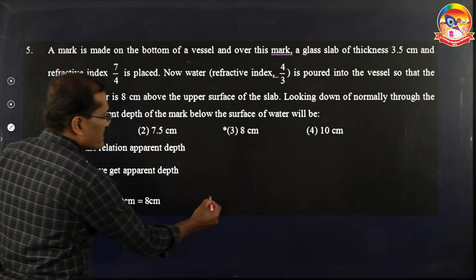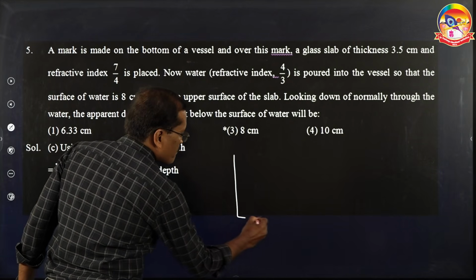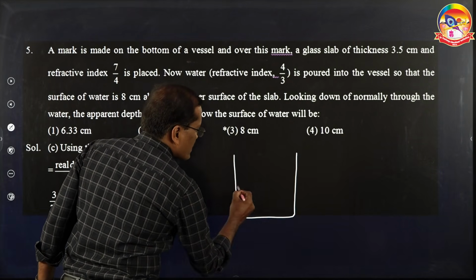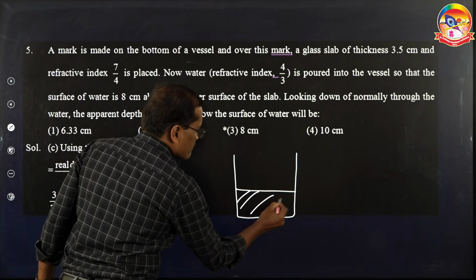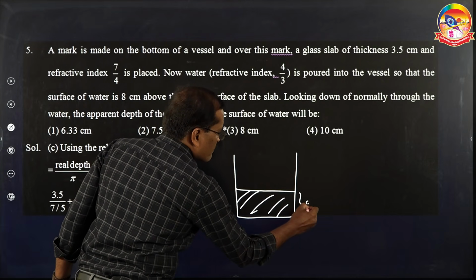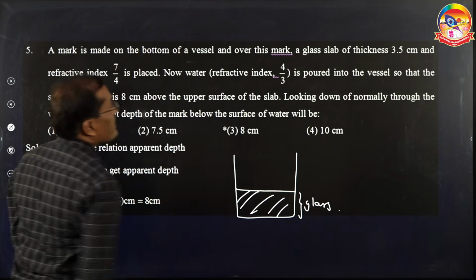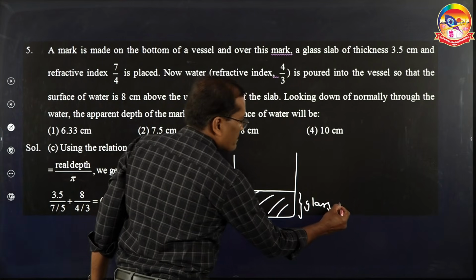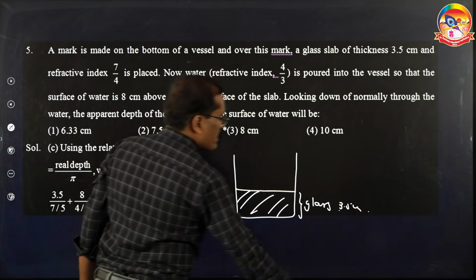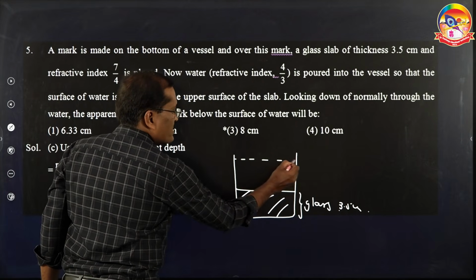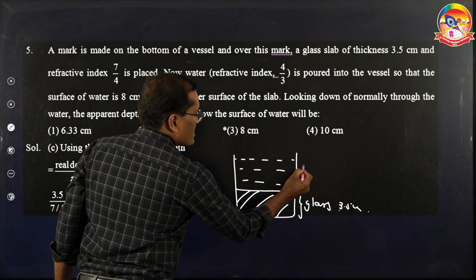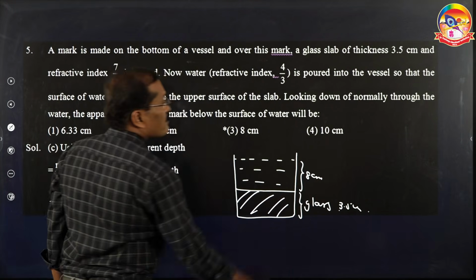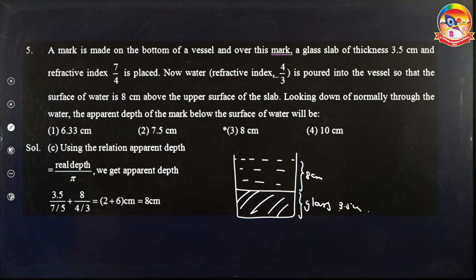So let us take that here there is a vessel, there is a glass, and a glass slab of thickness 3.5 centimeter, and over that there is water which is 8 centimeter above the surface of the slab.